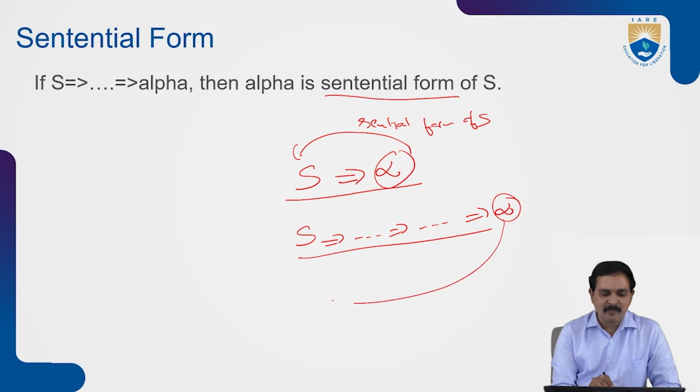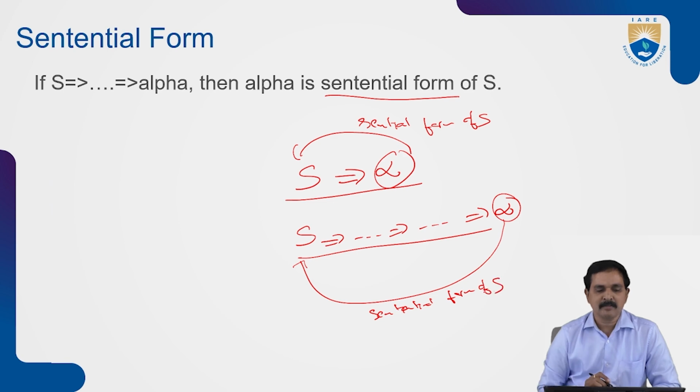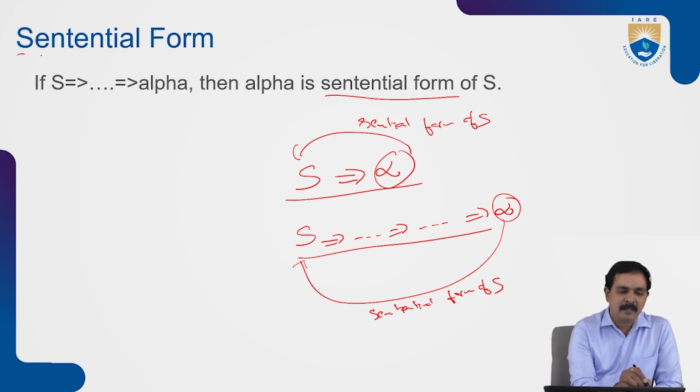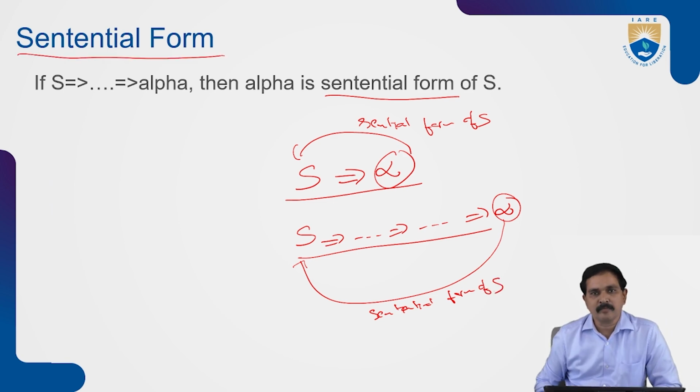Finally, alpha is derived from the starting symbol S. The obtained string alpha becomes a sentential form of S. So that is what you have to understand about the sentential form.